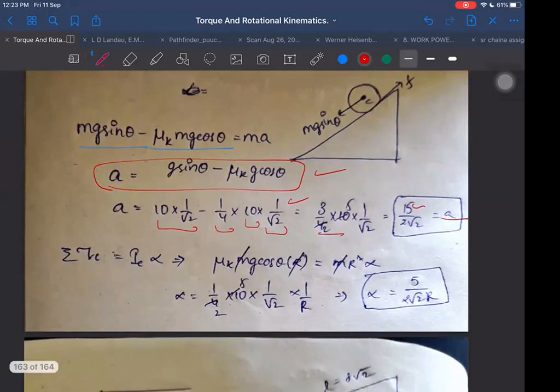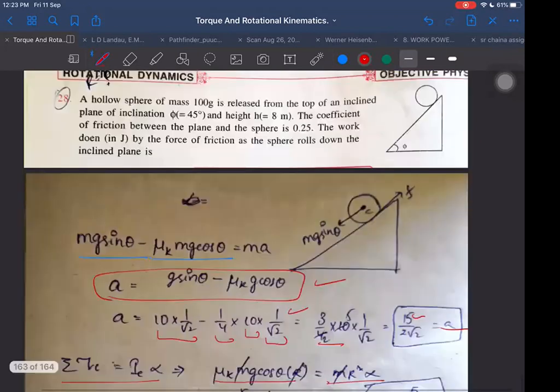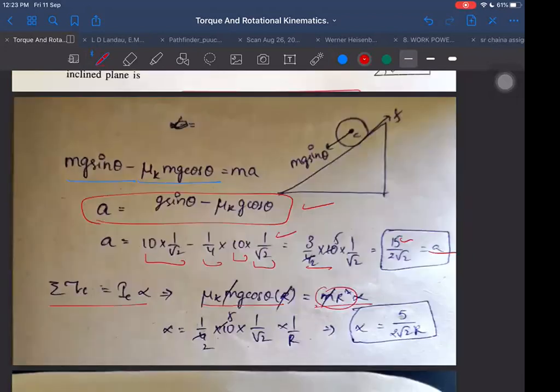Then after that, you are taking torque about center is equal to I_C into alpha. Torque about center will be mu k into mg cos theta into r is equal to mr square you are writing. Is it a ring? It is a hollow sphere. How are you writing mr square? Okay, sir. So hollow sphere is mr square. My God, what is this boy doing? No, sir, I am not remembering the formula for moment of inertia. How will you?